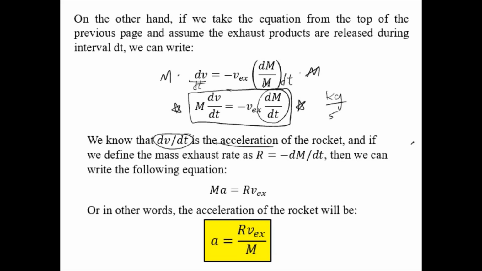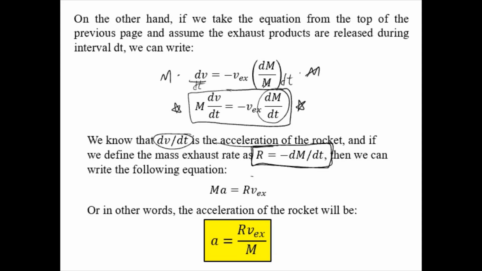You can look at it as the rocket losing an amount of mass dm/dt, at a rate r. We'll call that rate r, the rate at which we're losing mass out of the back of the rocket as exhaust gases.